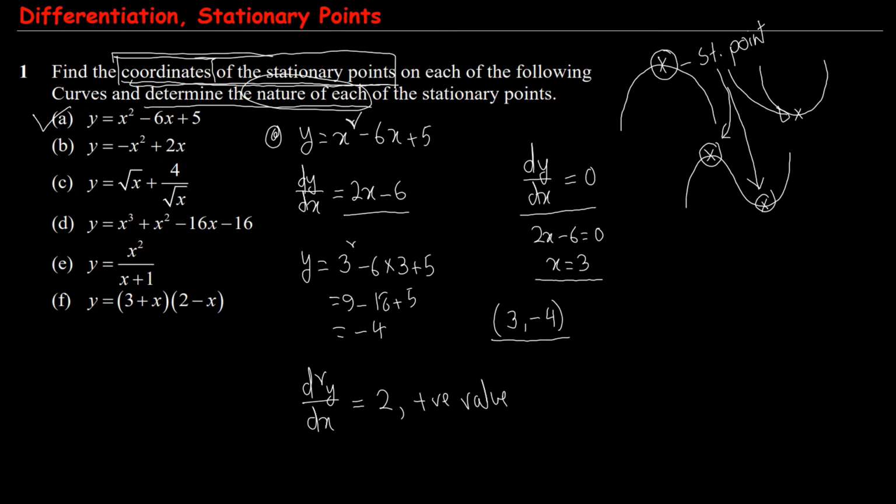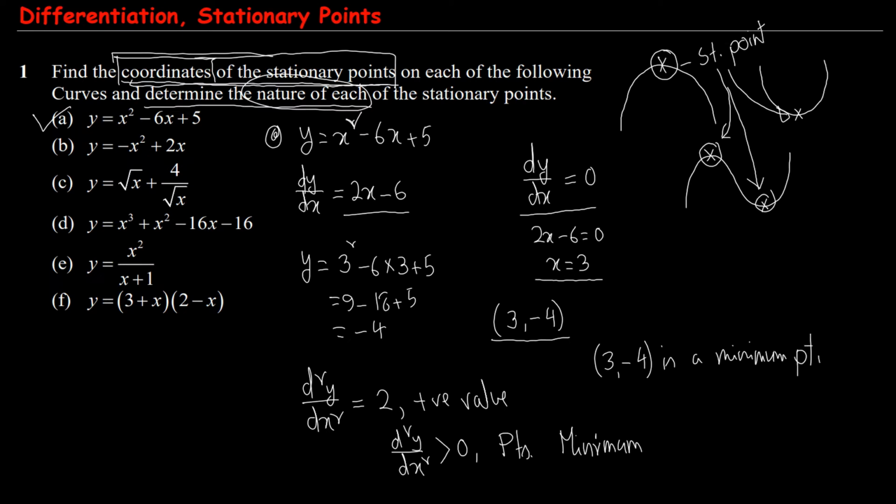So after double differentiation, if d squared y by dx squared is greater than 0, then the point is a minimum. So according to this we can write that (3, -4) is a minimum point. So this is the total working of this equation.